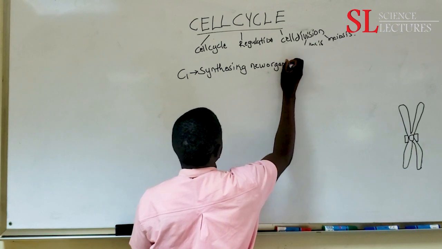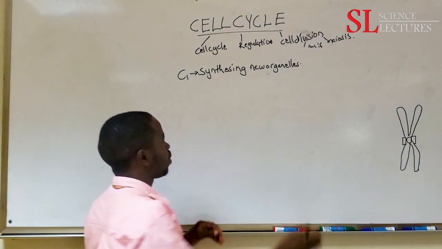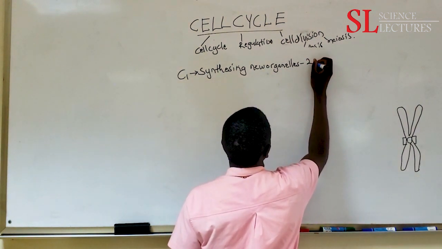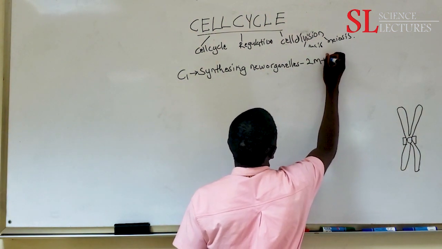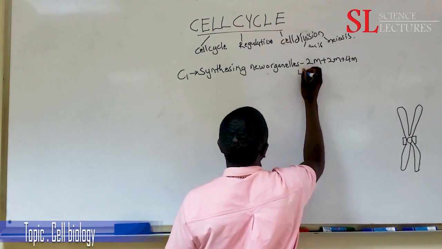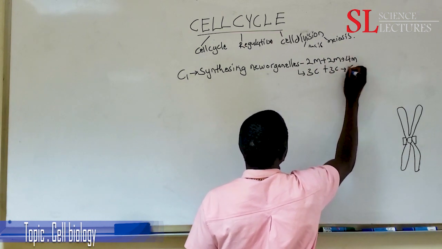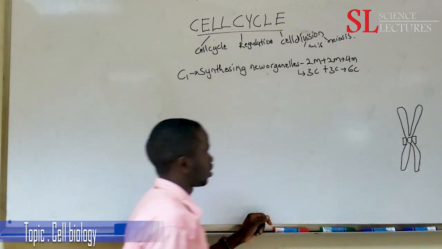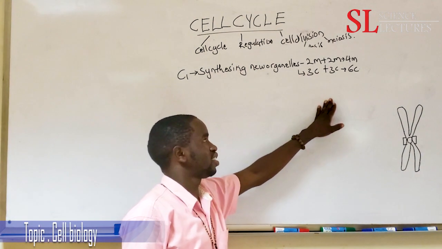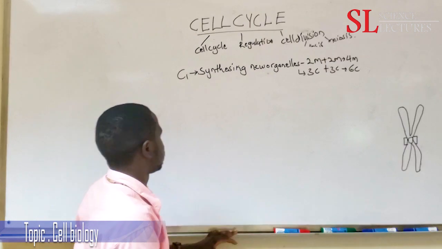For example, if the mother cell had 2 mitochondria, the cell shall manufacture 2 more mitochondria to form 4 mitochondria. If it had 3 chloroplasts, it shall manufacture another 3 chloroplasts to get 6 chloroplasts, such that the daughter cell has the exact number of organelles like the mother cell.